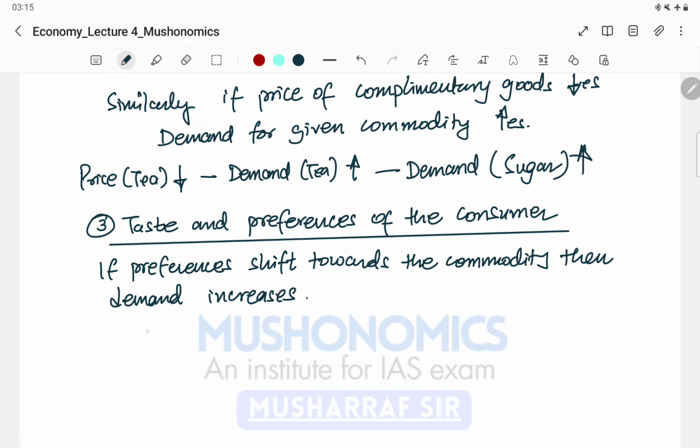For example, if people are preferring denim over cotton, fashion changes, and the demand for denim increases, people are moving towards denim, then the demand for cotton will decrease, right? Or for example, people are demanding brown rice, so the demand will shift from white rice to brown rice.